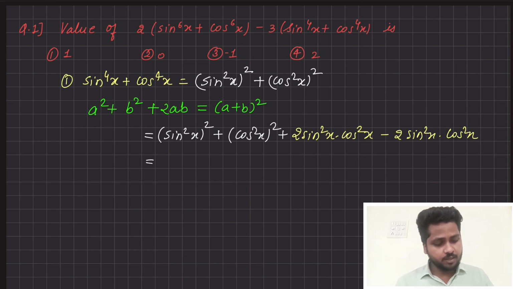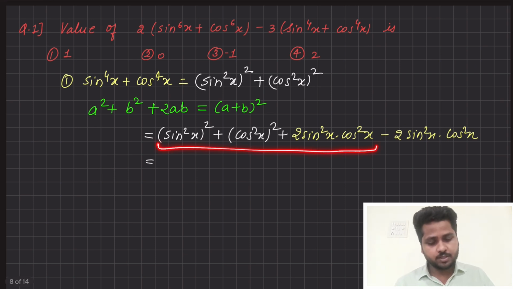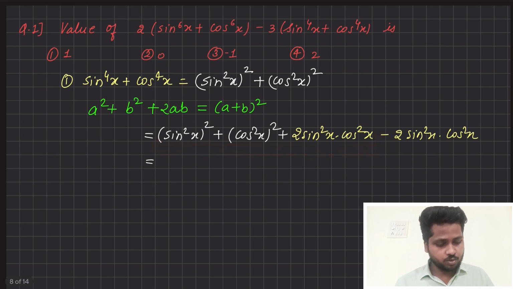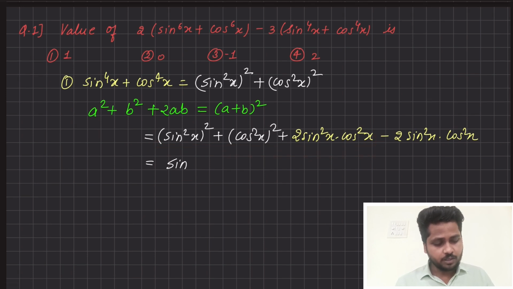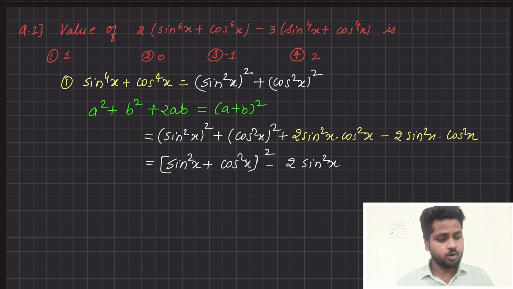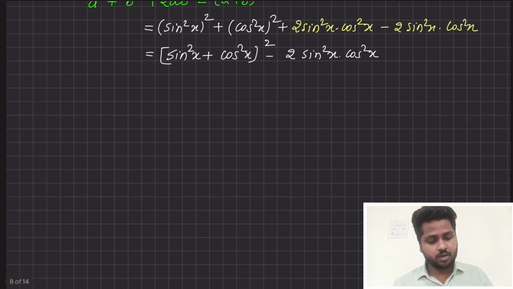Now this part is written as a plus b whole square. So you can write here sin square x plus cos square x whole square minus 2 times sin square x into cos square x, and sin square x plus cos square x is nothing but 1. So here you can replace this by 1, and 1 square is nothing but 1.